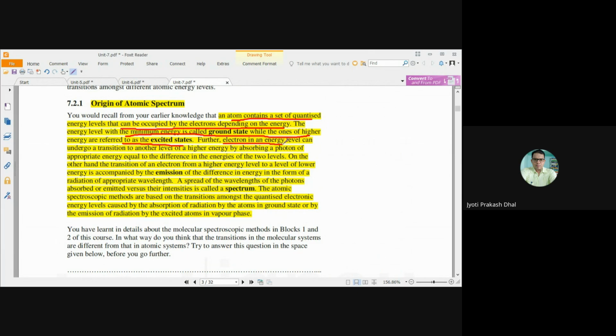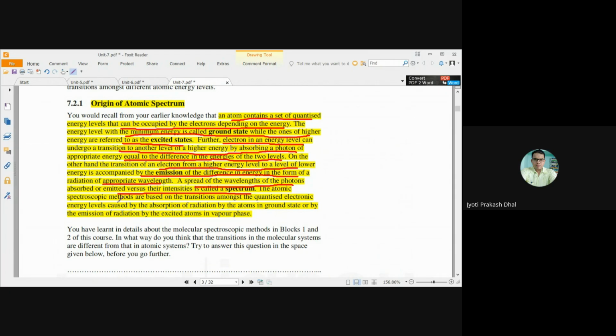Further, the electrons in an energy level can undergo transition to another level of higher energy by absorbing a photon of appropriate energy equal to the difference of the energy of the two levels. On the other hand, the transition of an electron from a higher energy level to a level of lower energy is accompanied by emission of the energy difference in the form of radiation of appropriate wavelength. A spread of the wavelength of the photons absorbed or emitted versus their intensity is called a spectrum.